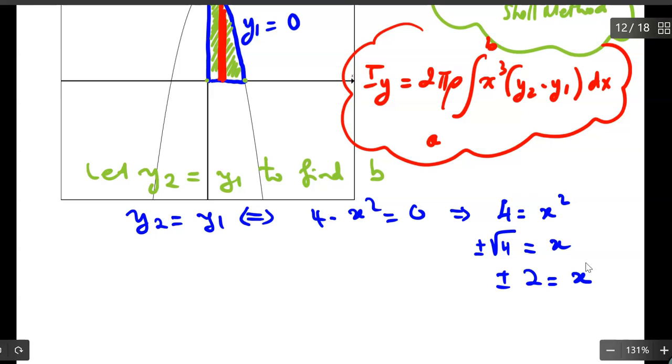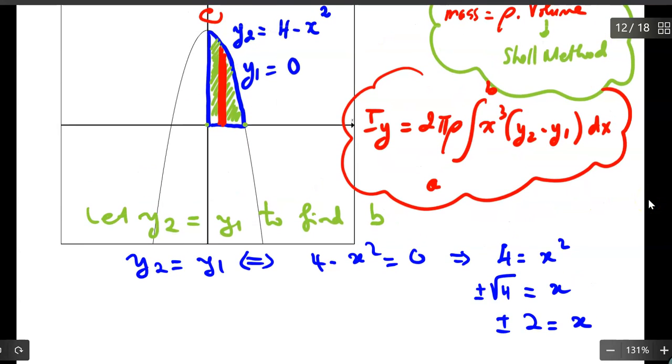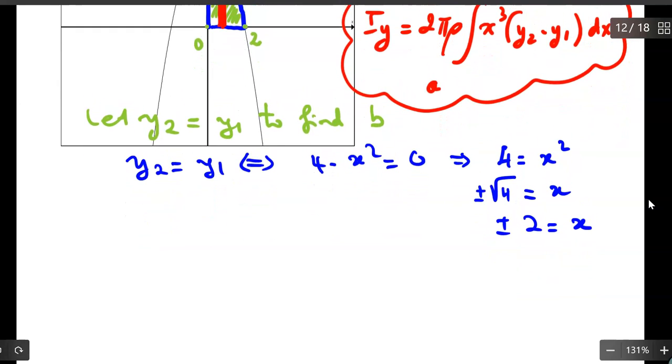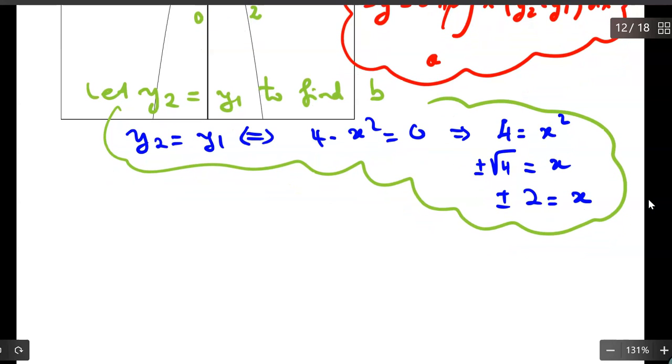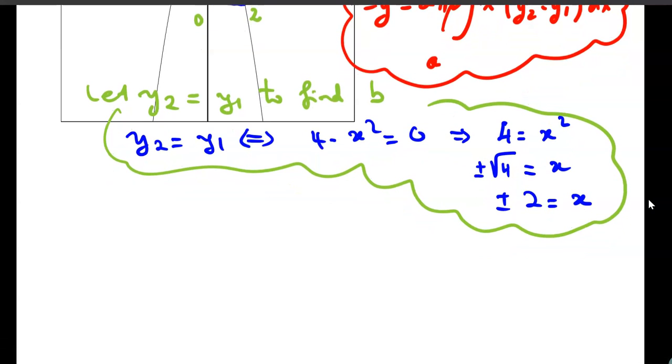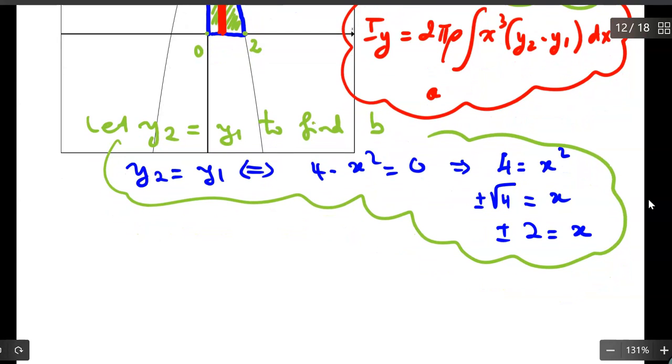But we are going to ignore the negative value here because we only work with the first quadrant. So this point on the graph should be 2 and that one should be 0. So your upper and lower limits are 2 and 0. Okay, very simple. The next step is to substitute it into our formula to find our Iy.